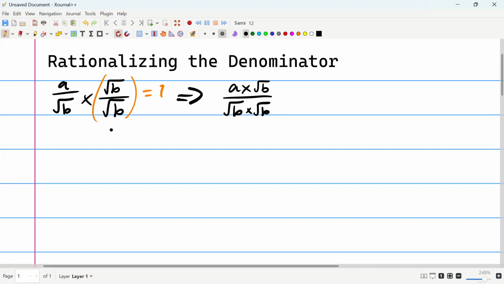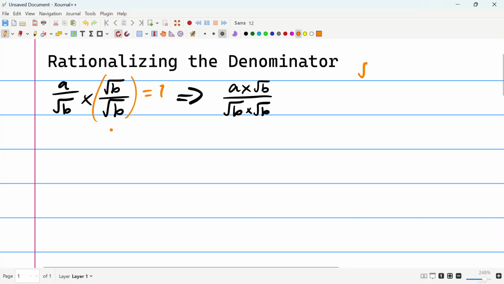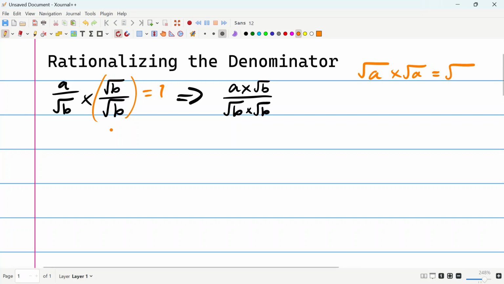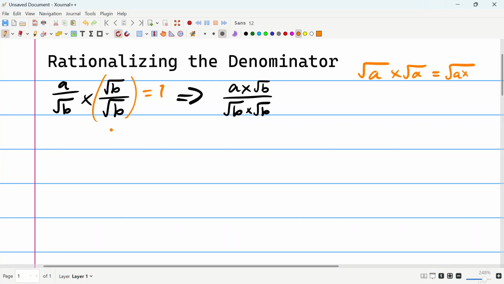And remember, with surd laws, whenever we have the square root of a multiplied by the square root of a, for example, we can actually write it as the square root of a times a.